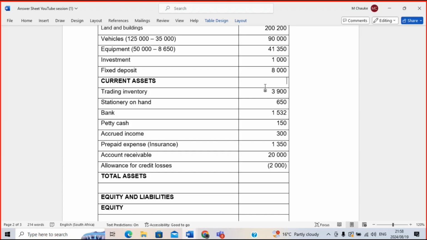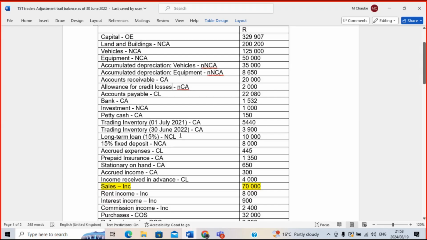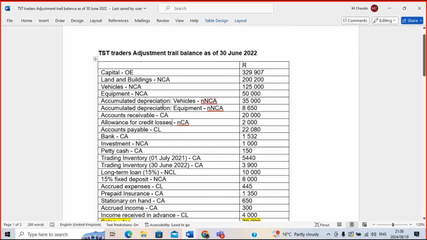That's why there's an N behind it, but it's a smaller N if you check on the question. It's like where I said accumulated depreciation on vehicles is a negative non-current asset. So allowance for credit losses is a small N, which is a negative current asset. I hope you got that.